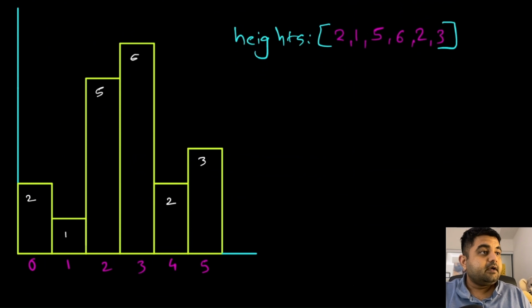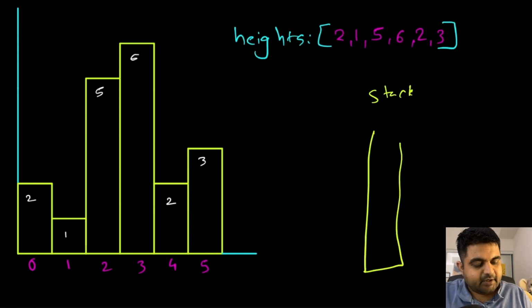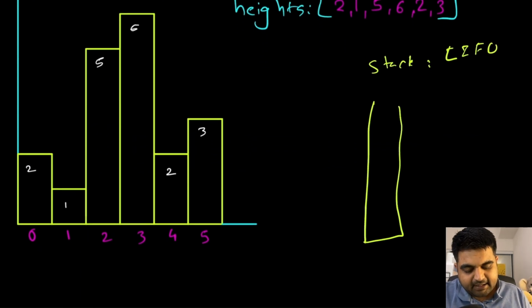So now let's just quickly initiate our stack. Now inside the stack, we know that this is going to operate in terms of last in first out principle. And the other thing is we can actually keep track of the bar heights, but then we would also have to find what was the initial position of this particular value.